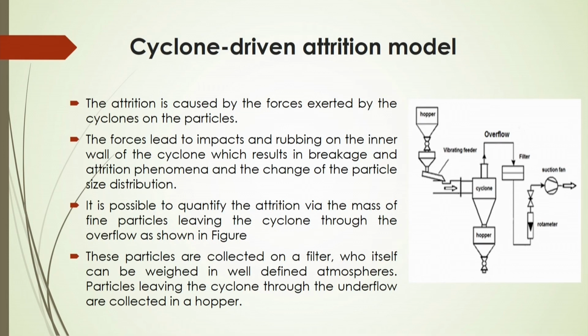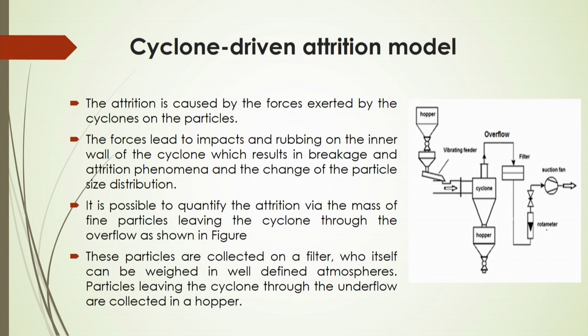So, if you know the mass of fine particles that is leaving the cyclone through the overflow, you can quantify the attrition. These particles are collected on a filter which itself can be weighed in a well defined atmosphere, and particles from the cyclones through the underflow are collected in a hopper.